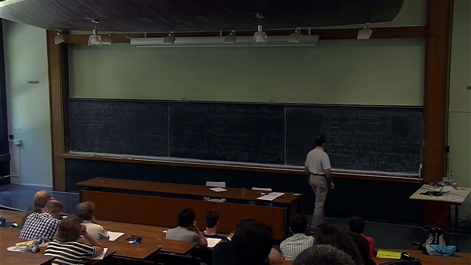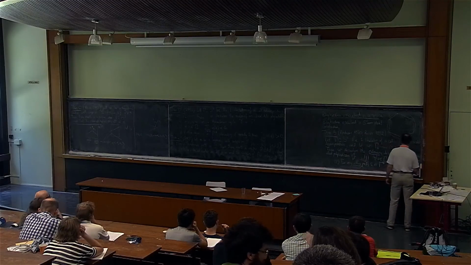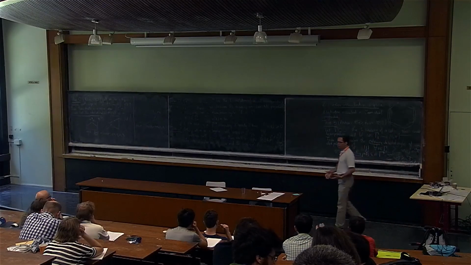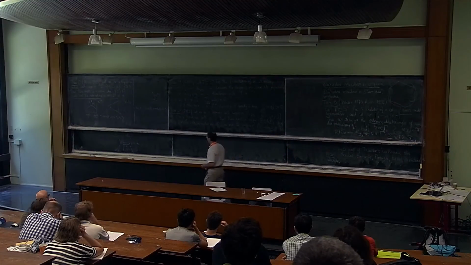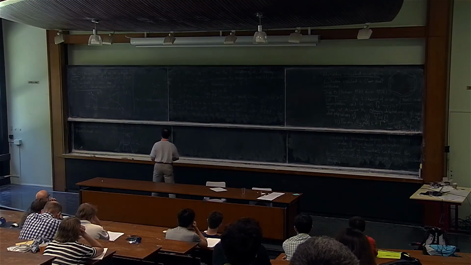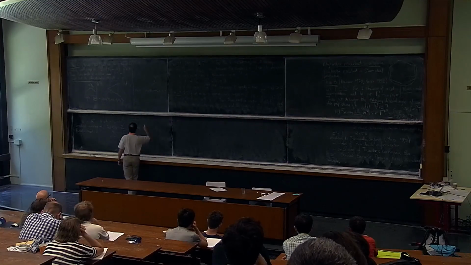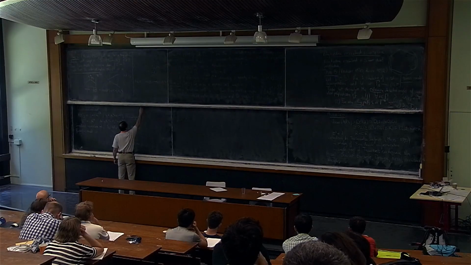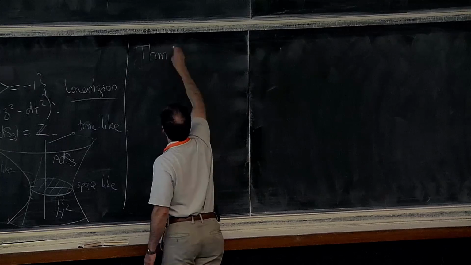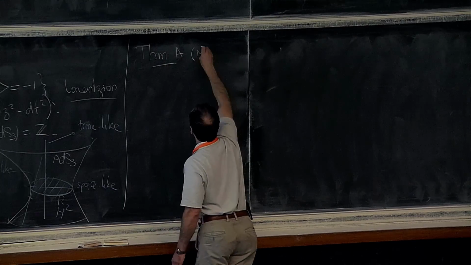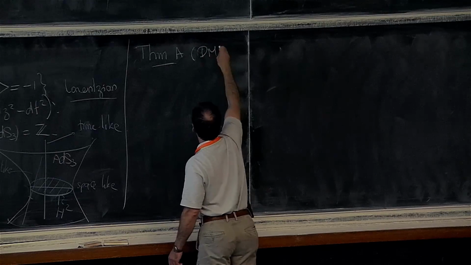Okay, so from this we can prove Theorem A. So how are we going to prove Theorem A? Well, the idea is very simple. Maybe I should repeat Theorem A. So Theorem A, I'm going to rewrite it.